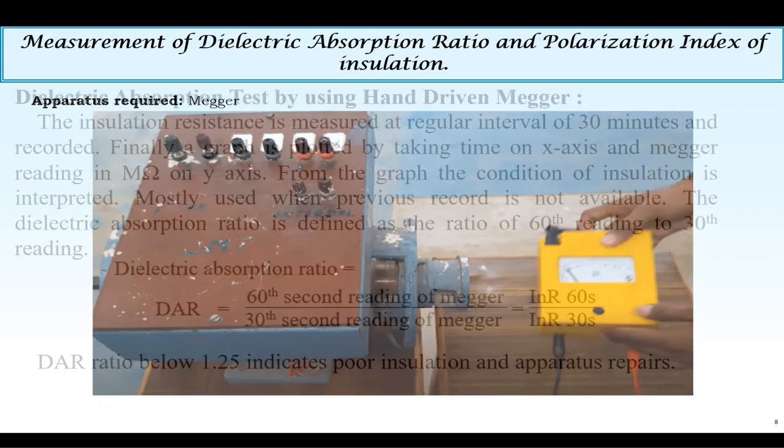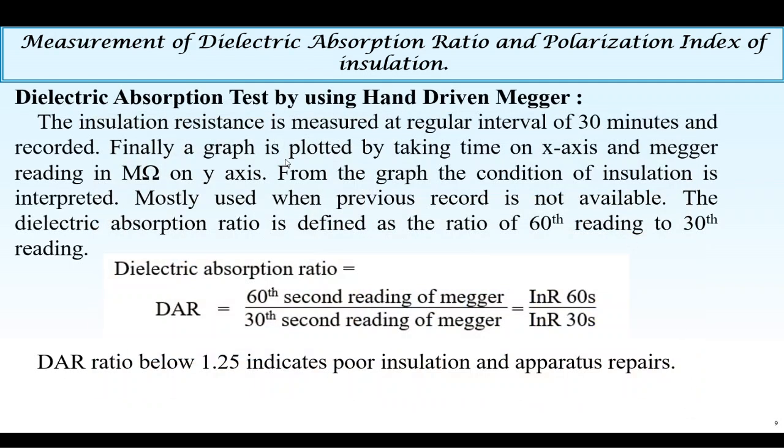Now in this experiment our target is to measure the dielectric absorption ratio by using Megger. The insulation resistance we can measure with the help of Megger. For the dielectric absorption ratio, you have to measure the insulation resistance at regular intervals and record the readings.